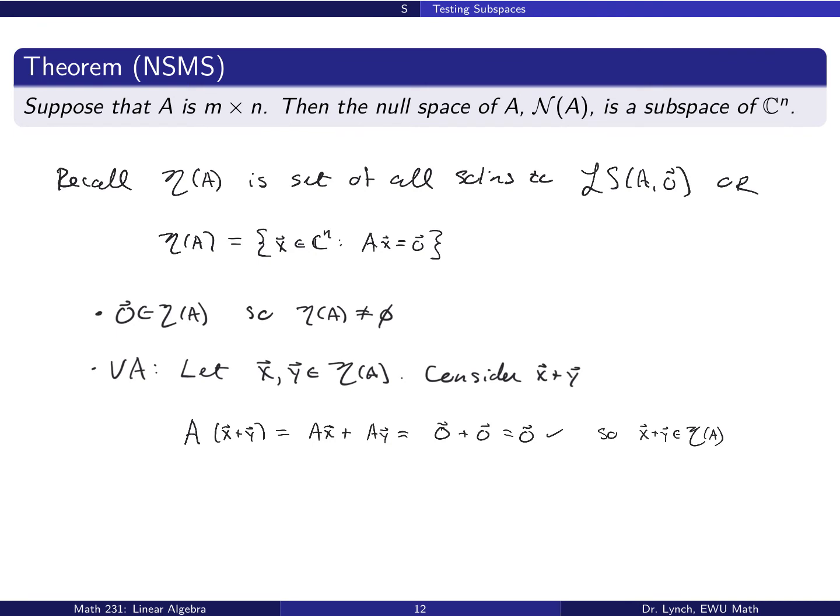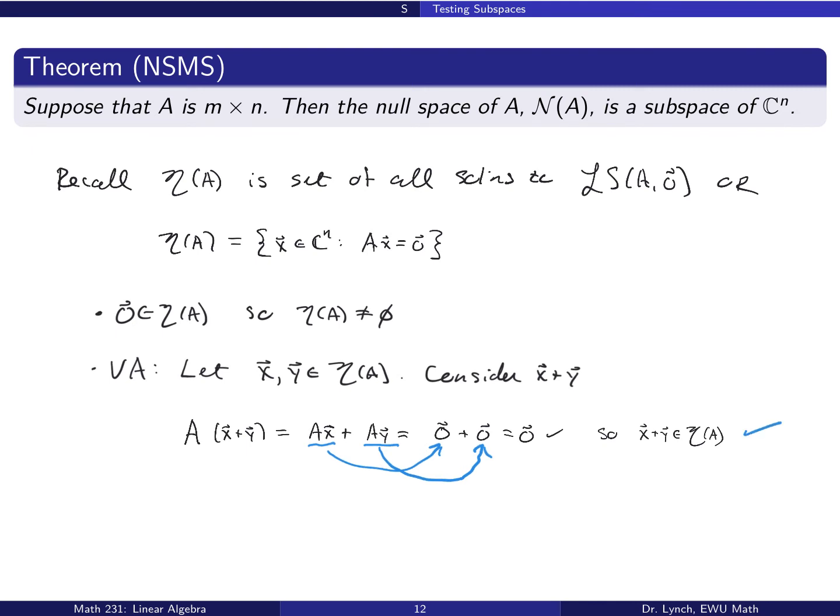Of course, when we go to check whether x plus y is an element of the null space, we can check that by matrix multiplication by the matrix A. Of course, A times (x plus y) is the same as Ax plus Ay, and since x is an element of the null space, Ax is 0, and since y is an element of the null space, Ay is 0. So we see, therefore, that x plus y is also an element of the null space. The null space is closed under vector addition.